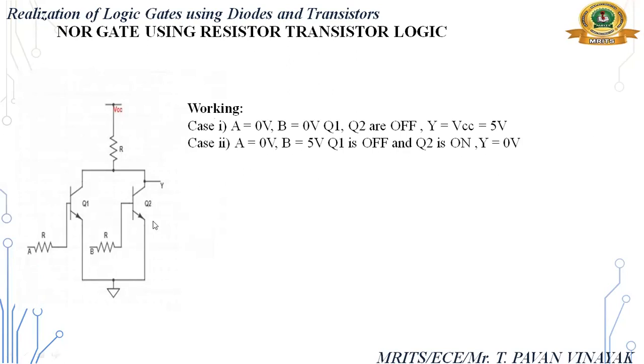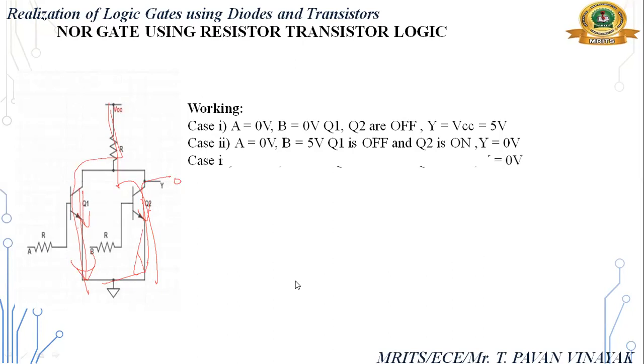So whenever both inputs are 0 volts, output is VCC because both are off. Both off means VCC comes to output. When any one input is high, VCC comes to ground in that direction. So output is 0 volts.